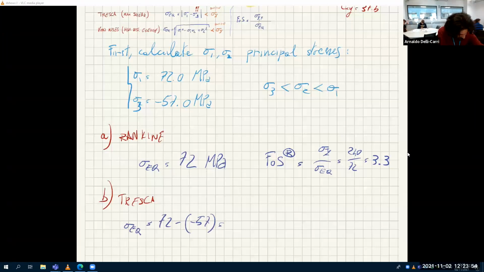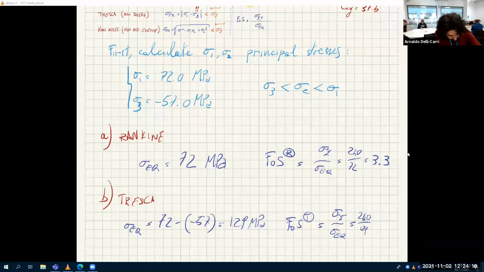It's 129. And so the factor of safety, according to Tresca, is sigma yield divided by the sigma equivalent, which is 240 divided by 129, is 1.86.